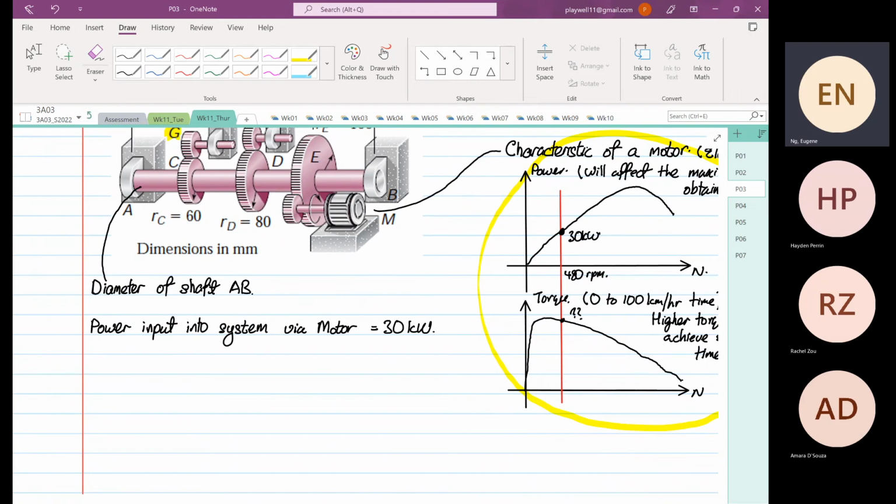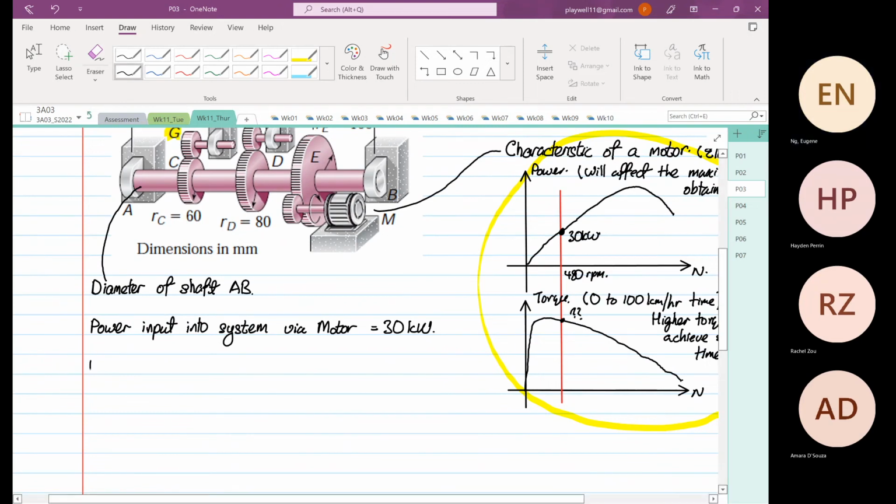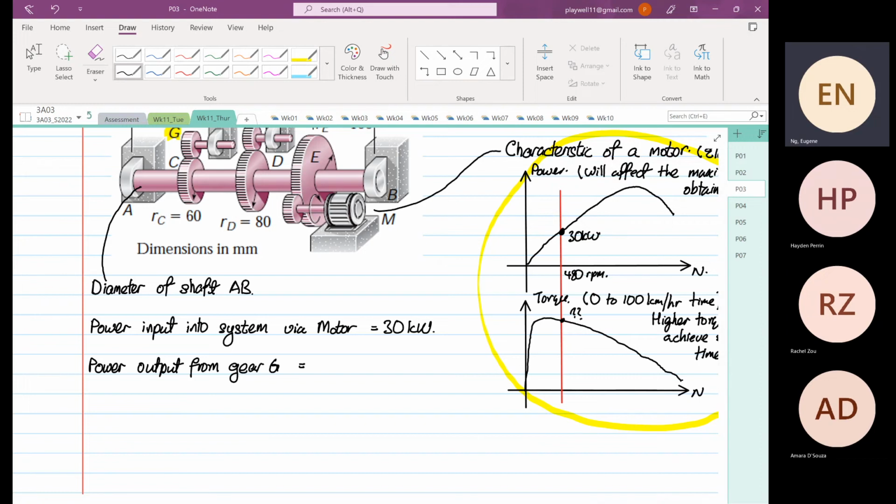So power output from gear G is at 20 kilowatt. Yeah, gear G is 20 kilowatt.